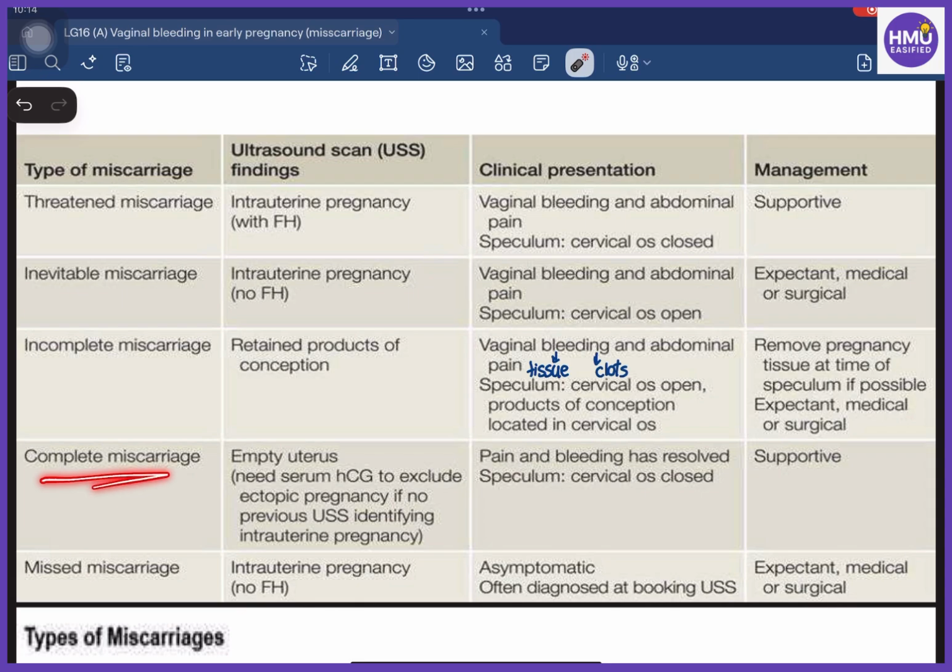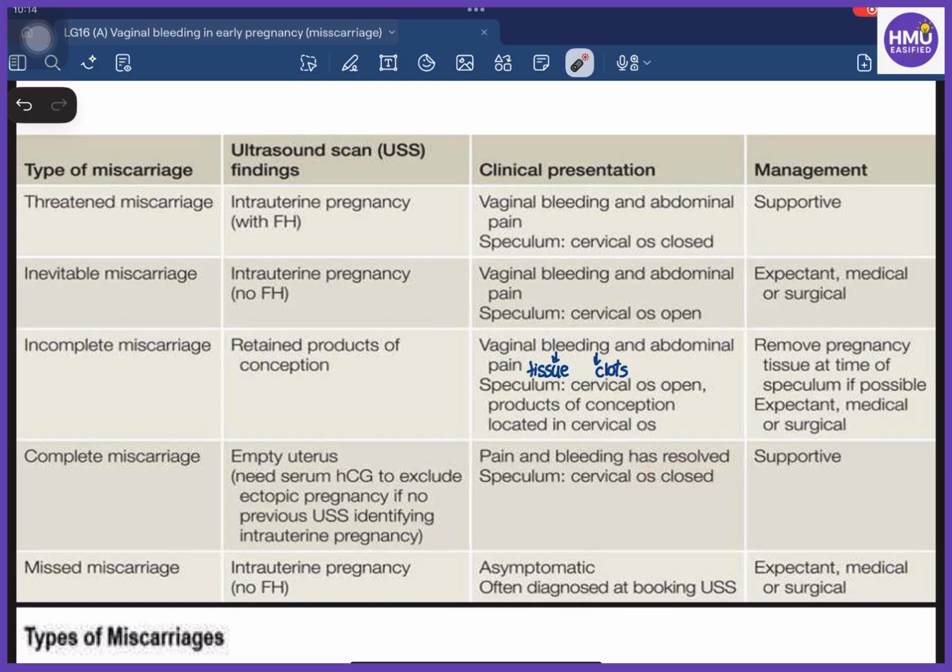Then we have complete miscarriage. The complete miscarriage has pain and bleeding, but it has been resolved. The lady will come to you, the cervical os is closed.